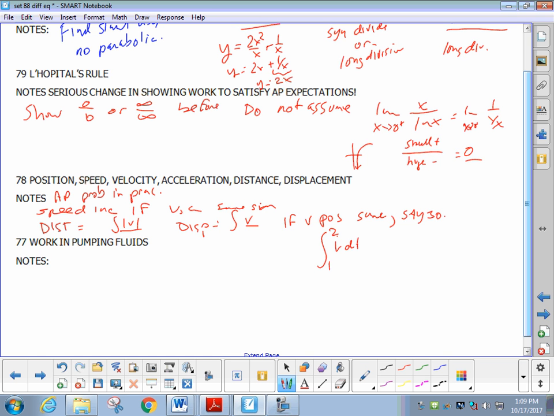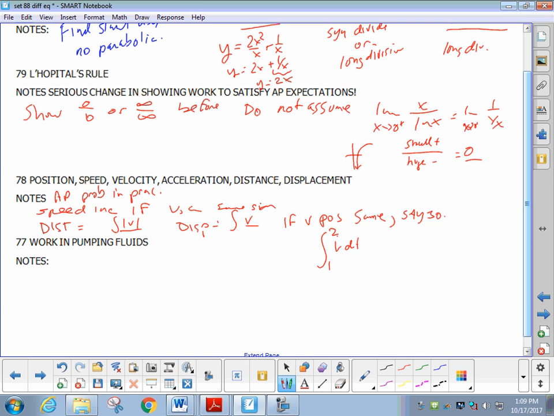You can say it's the displacement from time 1 to time 2, but you should then add, because velocity is positive, this is also the distance. That's AP style. Okay? What's the word after positive? Oh, come on. Same. Dude, that was obvious. Say so.